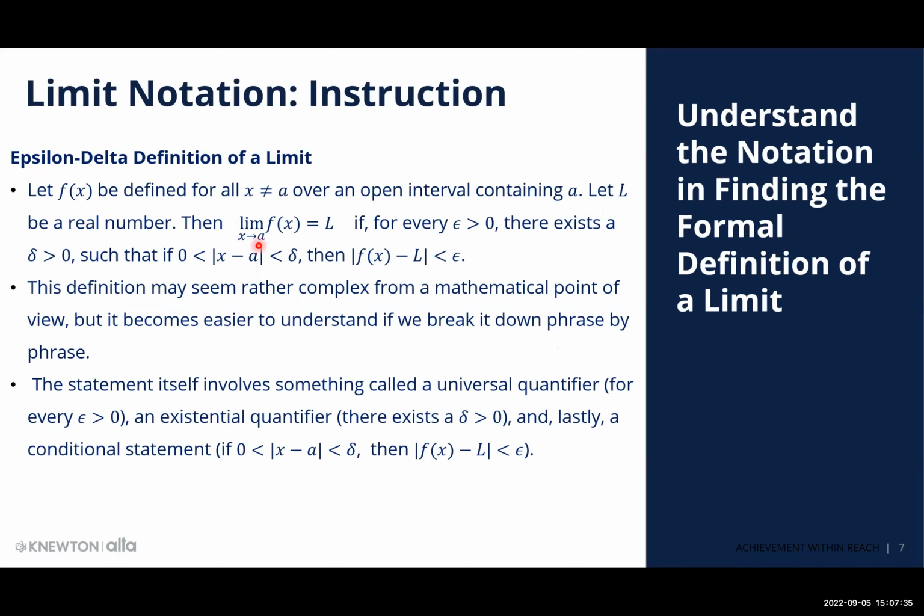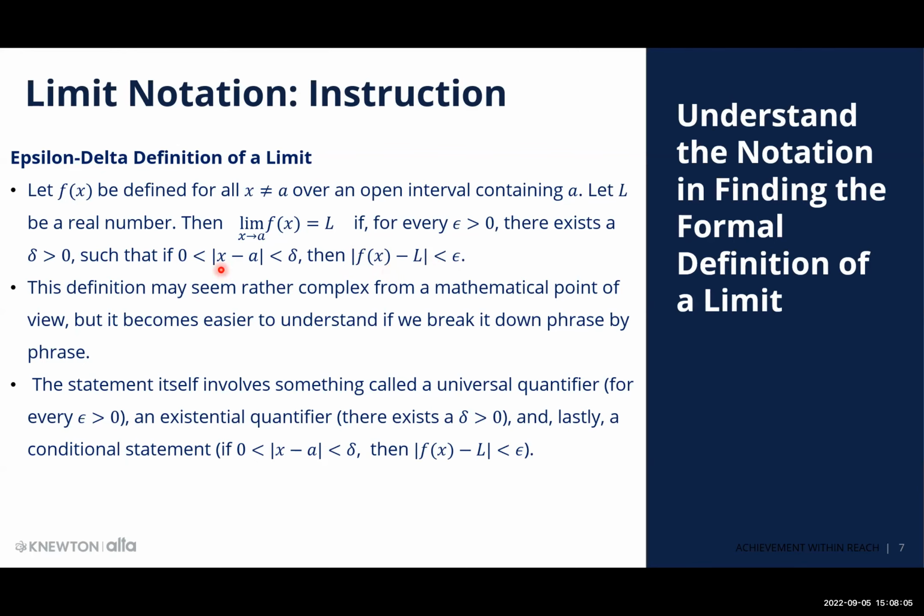Then the limit of f of x is equal to L if for every epsilon there exists a delta such that if the absolute value of x minus a is less than that delta, essentially greater than 0, then this relationship holds. That is, the absolute value of f of x minus L is less than epsilon.